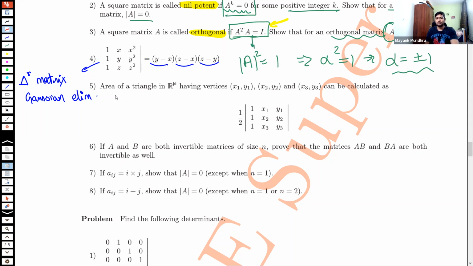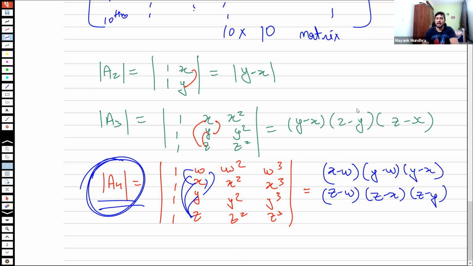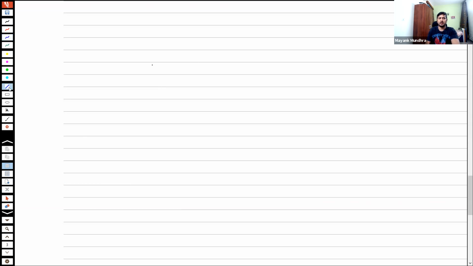All right, next proof. The area of a triangle in R square, this should have been R square. What typo happened here? Having vertices x1, y1, x2, y2, and x3, y3. So suppose we have a triangle which is formed using vertices x1, y1, x2, y2, and x3, y3 in R square.